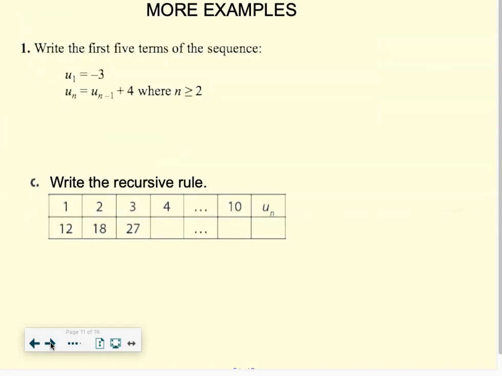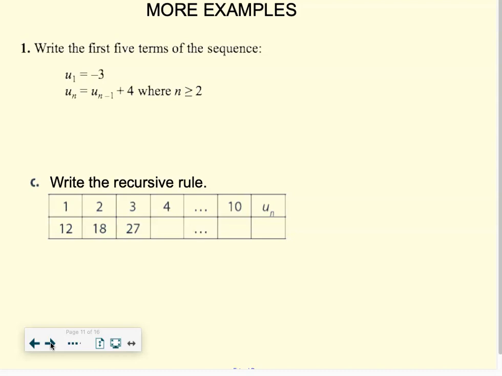All right, a couple of quick examples. So the first one, let's just write the first 5 terms. If u sub 1 is negative 3 and u sub n equals u sub n minus 1 plus 4, where n is greater than or equal to 2. Don't let that freak you out.